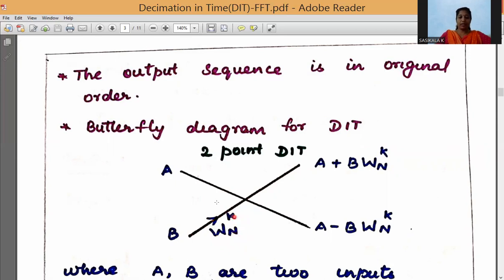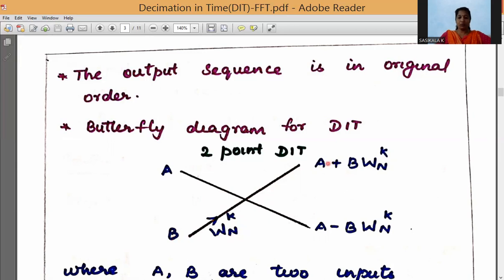power K. So here the first output of the DIT butterfly is the first input A plus B into the twiddle factor W_N power k. Notice that the twiddle factor is on the second input. That's why the twiddle factor is multiplied by this second input.